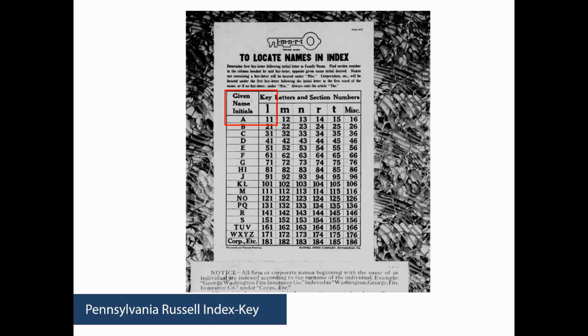You take the key letter that you're finding in the surname, and then the first letter of the first name, and that tells you what page number to go to. So these guides are really helpful. It's just that you have to find them within the index, and usually they're within individual sections as they split them up. In this case, if I wanted to go with the key letter L and the first name A, I would go to page 11.